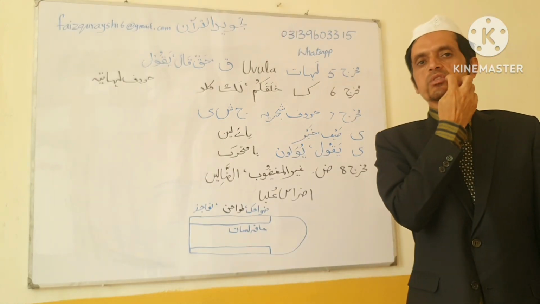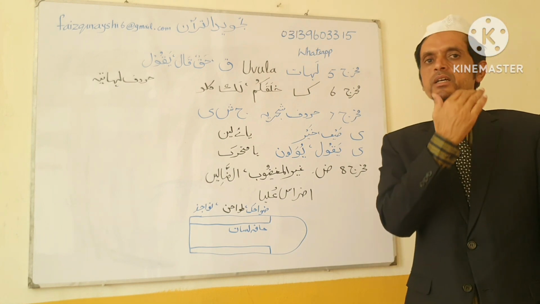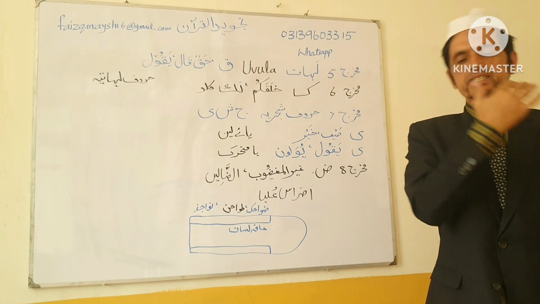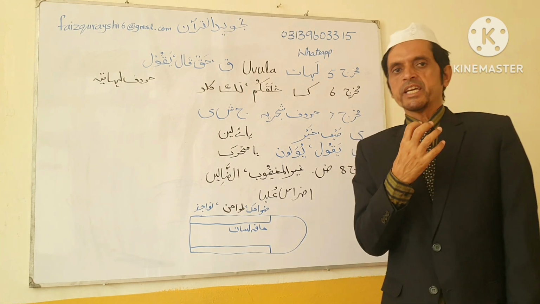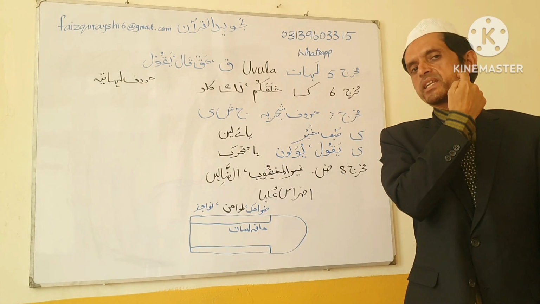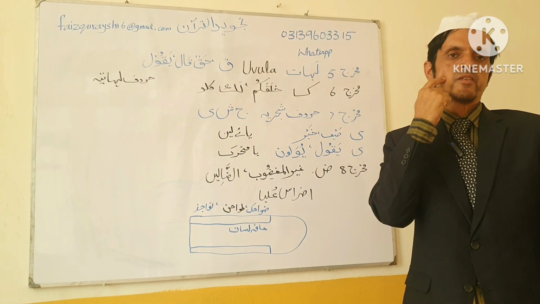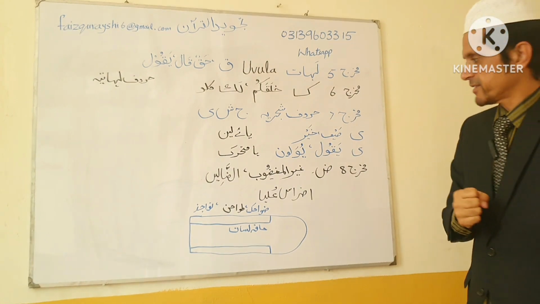And then near to dawahik we have 3 other teeth, 3 one side, 3 the other side, up and down. So they are 12, and they are called tawahin. And then at the end we have 1 here and 1 here, up and down. So 4 are there, and they are called nawajid.